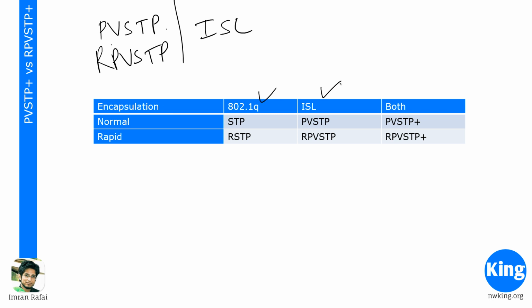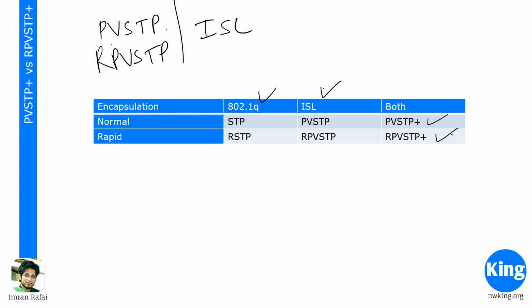Cisco said fine, since ISL was having its limitations, maybe we should go to 802.1q encapsulation. Cisco improved on their PVSTP and RPVSTP by supporting 802.1q, and that is what our PVSTP+ and RPVSTP+ are. So PVST+ is per VLAN STP plus, and RPVST+ is rapid PVST plus, right?